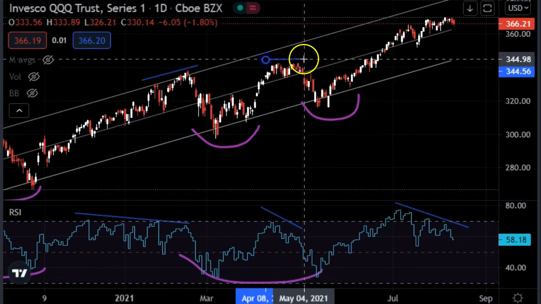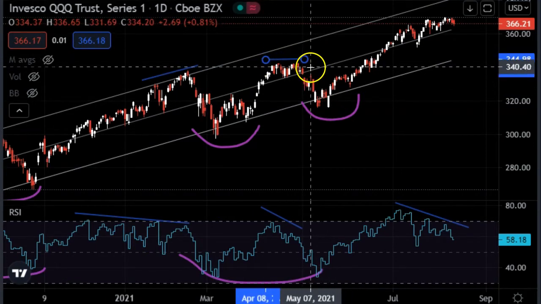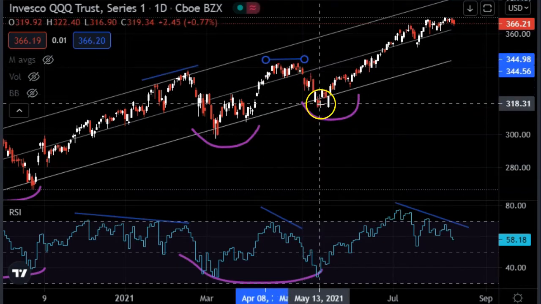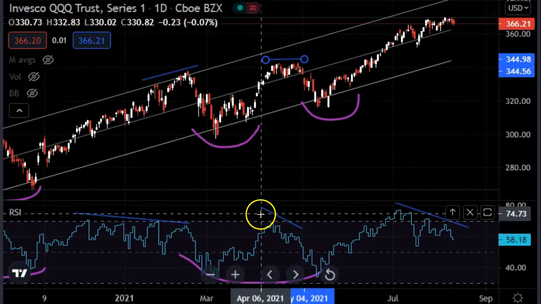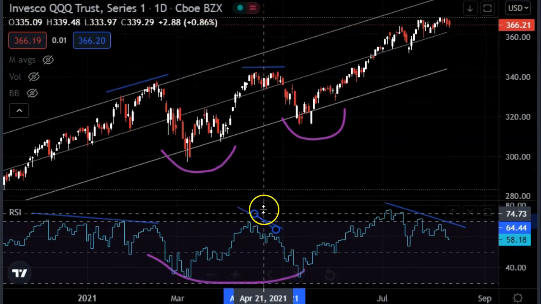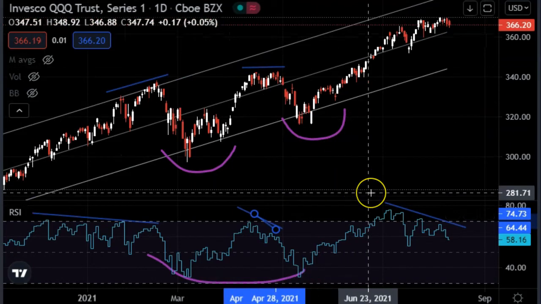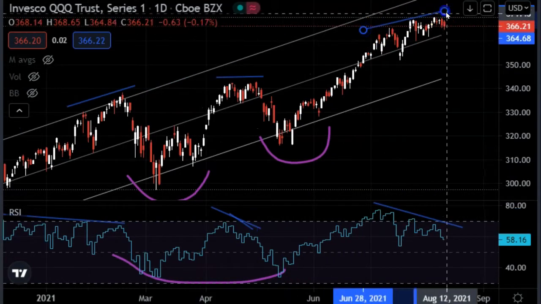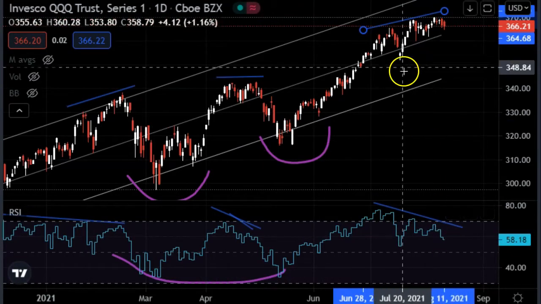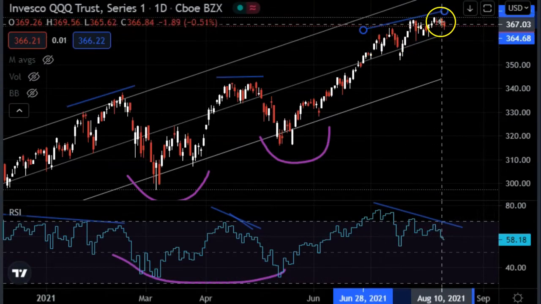Same thing with this period right here, from April to May. There was a flat price action before a dip, but the RSI also preceded with weakness. So that would be a divergence. And then we currently have one right now. So we have RSI going from 76 to 58, while prices have been rising.